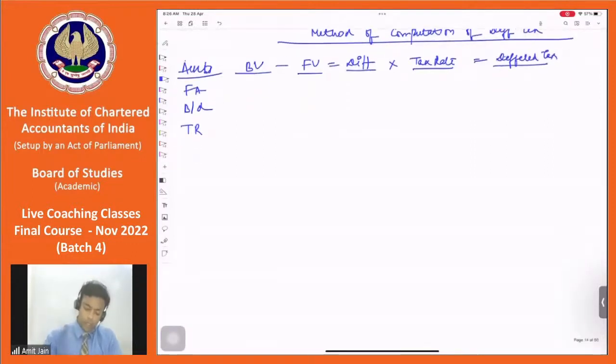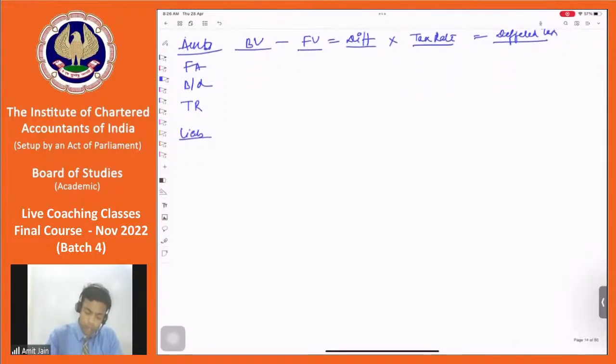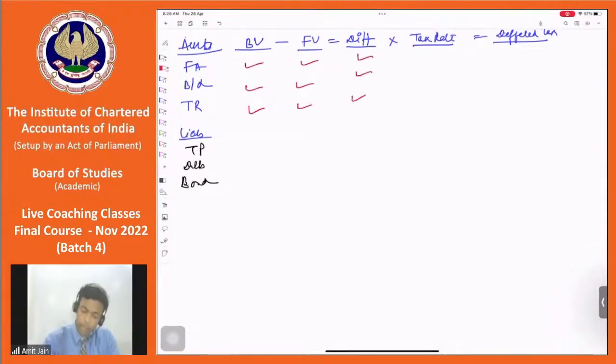Similarly, liabilities: trade payable, debentures, bonds. Correct?